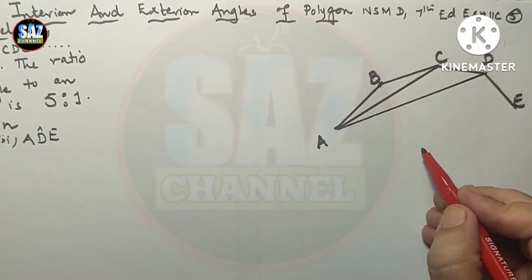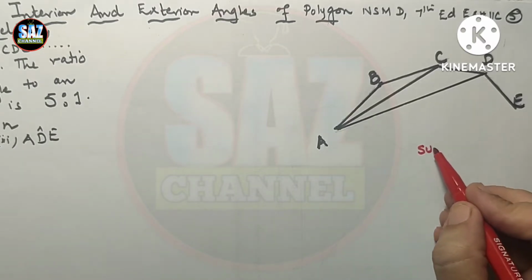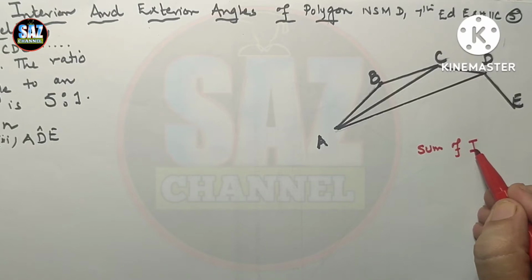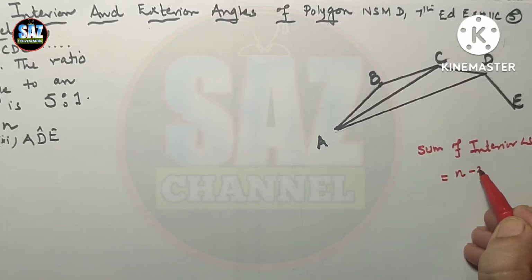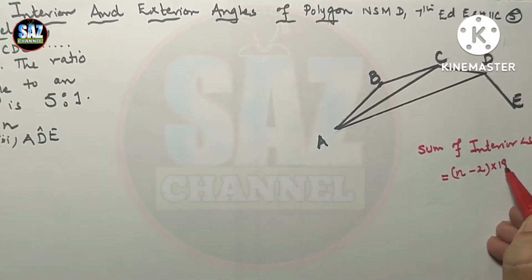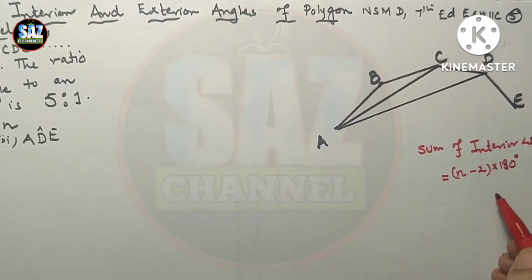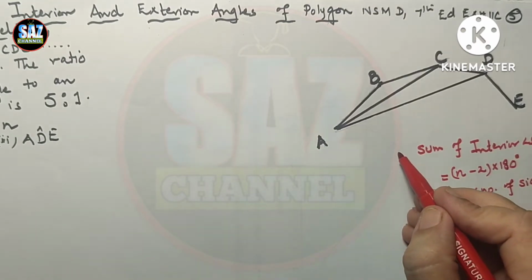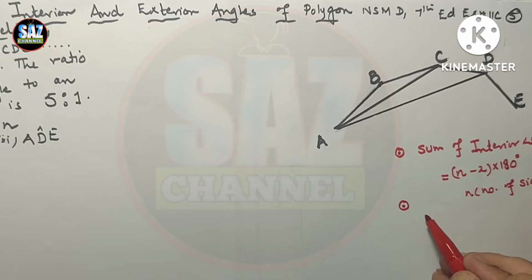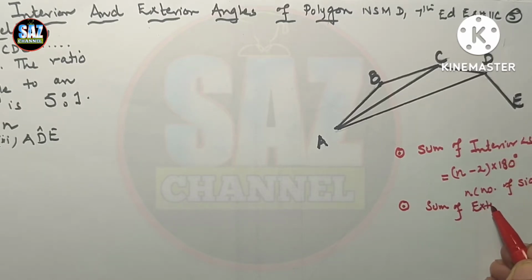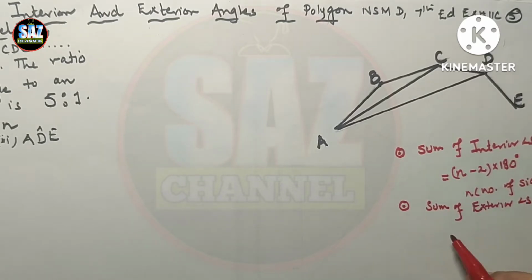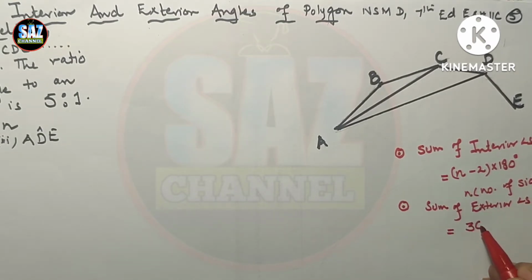Sum of interior angles equals (n minus 2) multiplied by 180 degrees, where n is the number of sides, and the sum of exterior angles of any type of polygon is always 360 degrees.